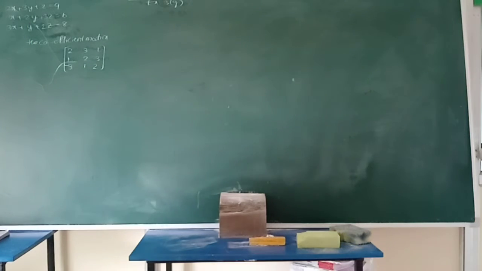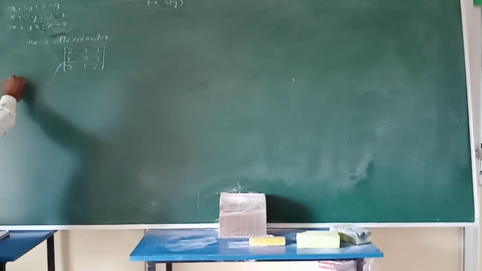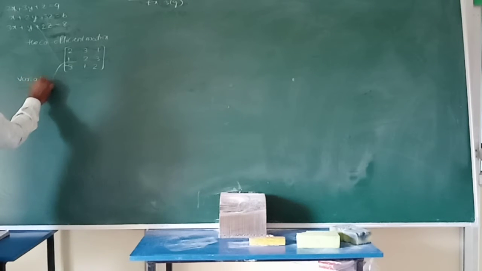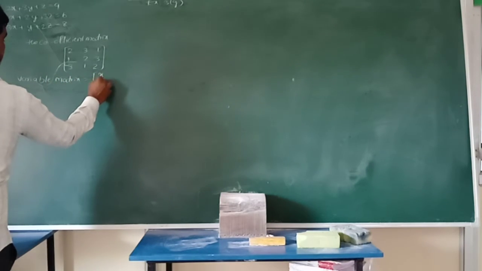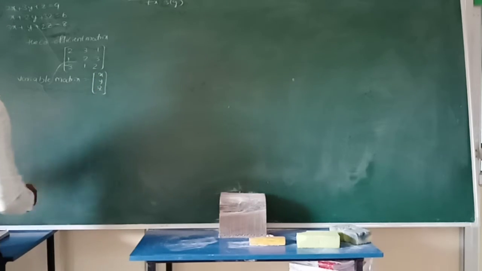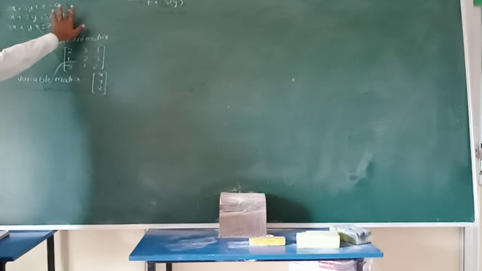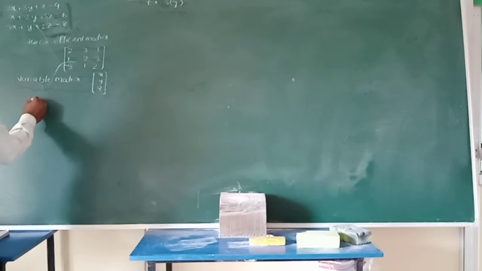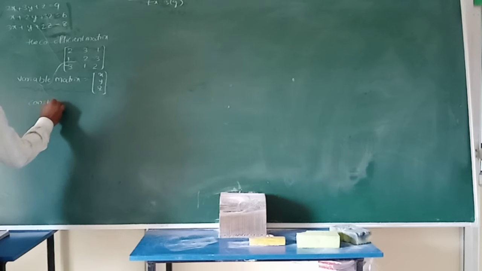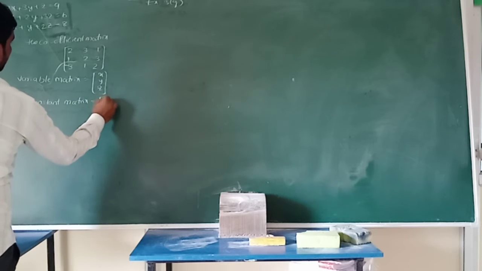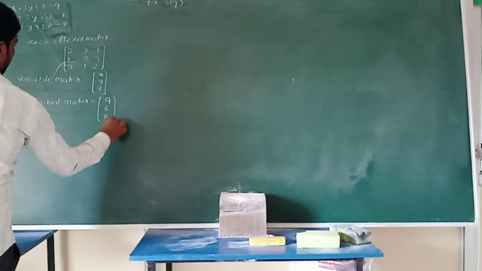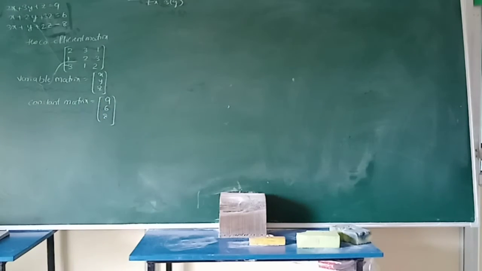Next, the variable matrix X is x, y, z, and this is the constant matrix: 9, 6, 8. This is the given data: the coefficient matrix, the variable matrix and the constant matrix.